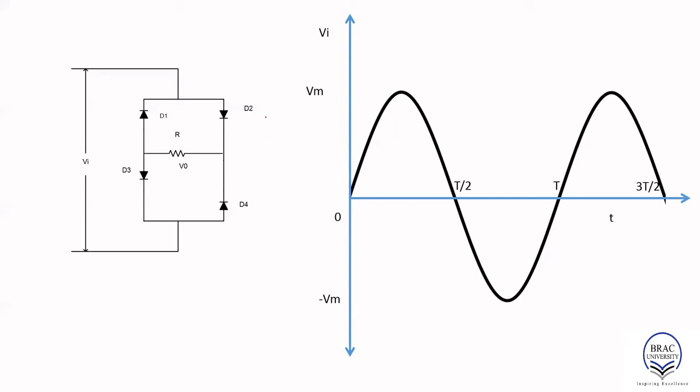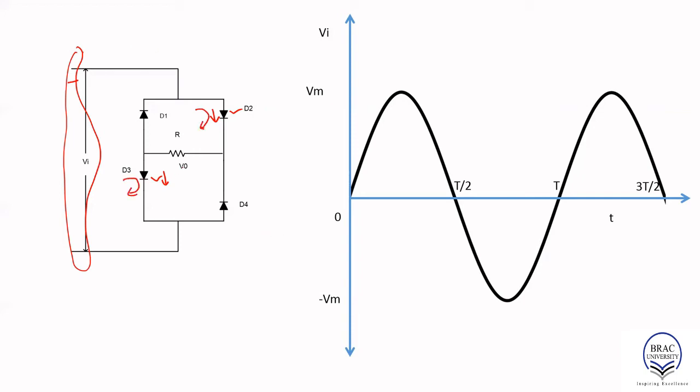Notice the orientation of the diodes. D2 and D3 are oriented in the same direction, in this direction and in this direction. If I keep the signal to my left, then it is the clockwise direction.